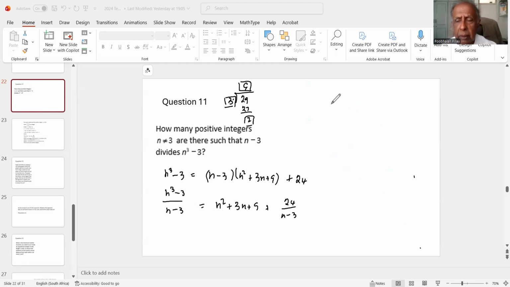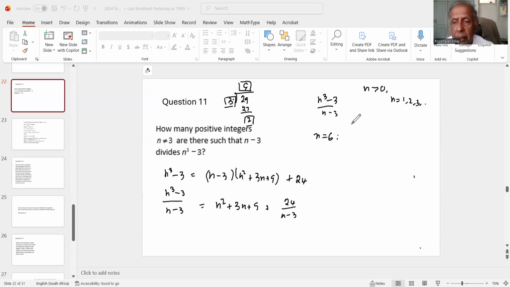This question says you've got n cubed minus 3 over n minus 3. How many positive integers? So you want n to be positive. It's an integer, so it's a counting number, 1, 2, 3, and so on. n is coming from there. So this must divide it. Now let's take a number like 6. n equals 6.